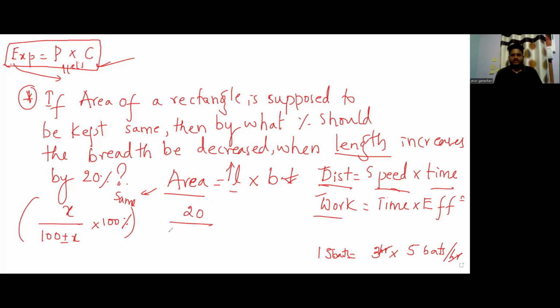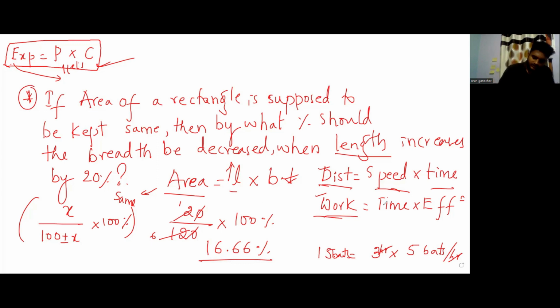So 20 divided by 100 plus 20, which is 120, into 100 percent. 0 and 0 will get cancelled. 2 ones are 2, 6. What is 1 by 6? 16.66 percent. So the breadth has to be decreased by 16.66 percent. Now this same concept I can use in distance also. I can use it in work-related things also. Getting this?